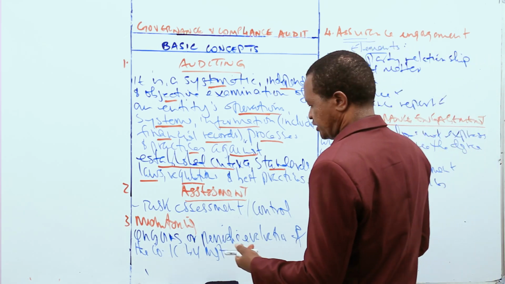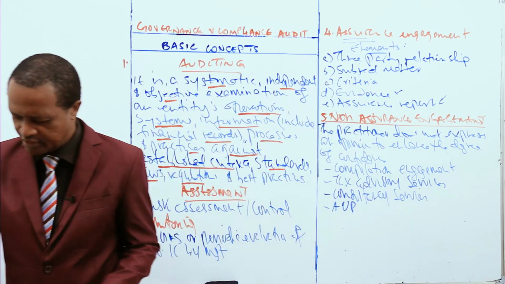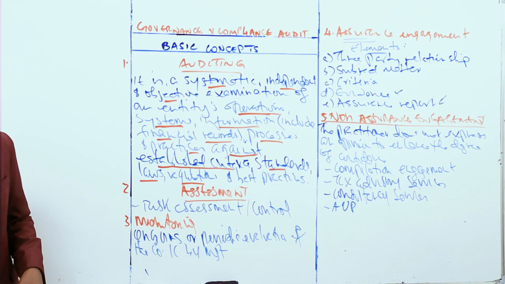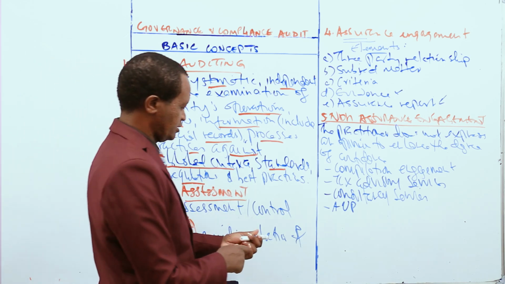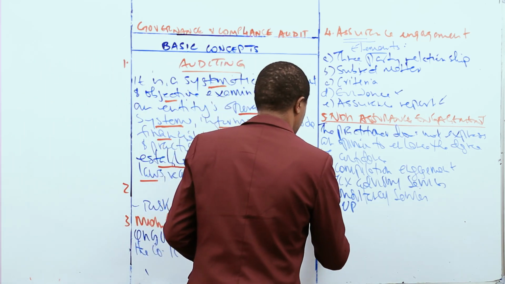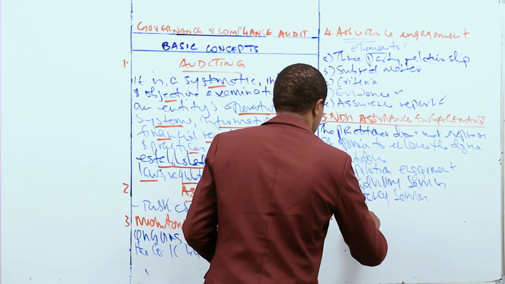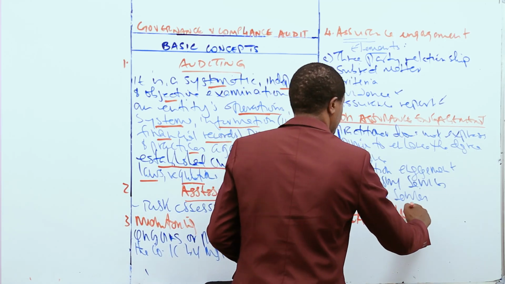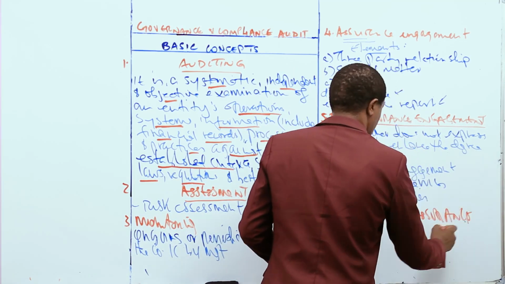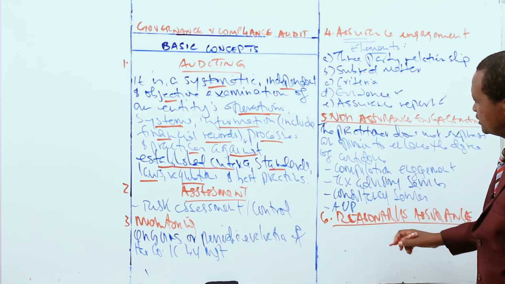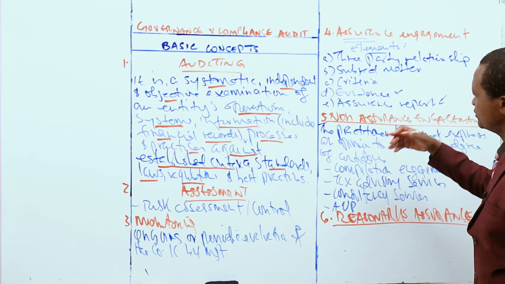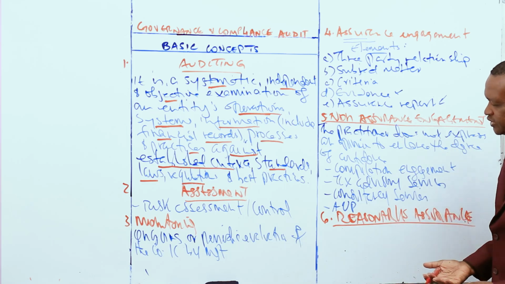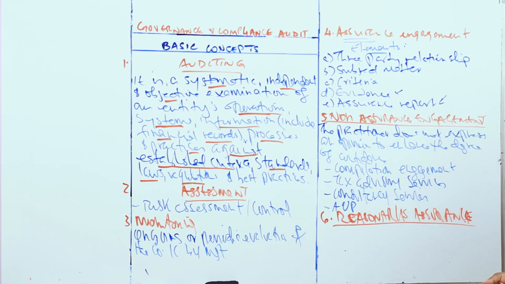That is number 5. Number 6, the sixth basic concept in auditing here is reasonable assurance. Now, candidates, assurance, which is providing a degree of confidence, comes in levels.